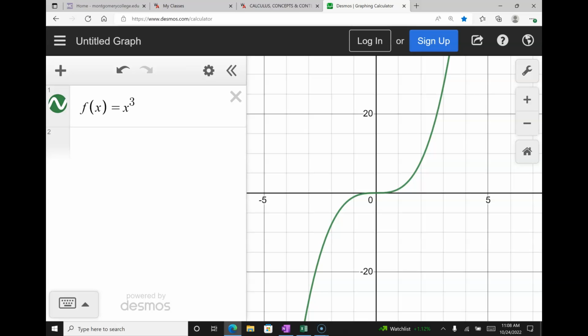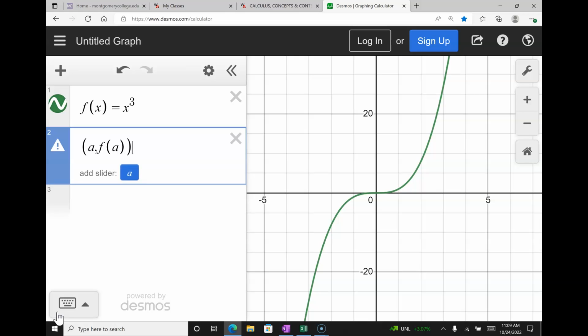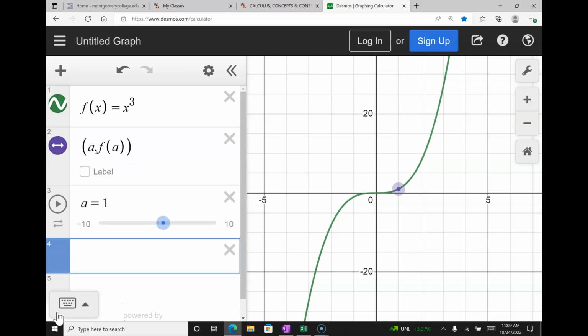But all I want to do is put a point on this curve, so a comma f of a. And I want to attach the tangent line to that point, right? So the tangent line would be what? y minus what?